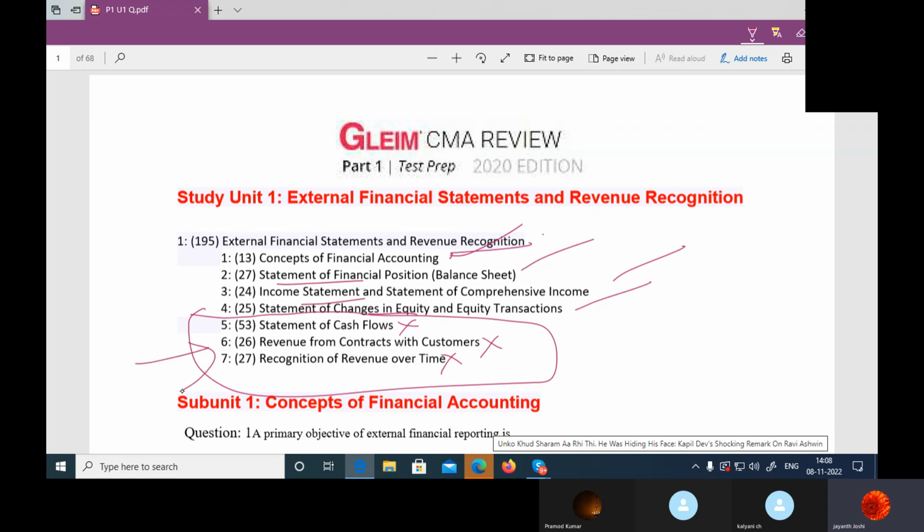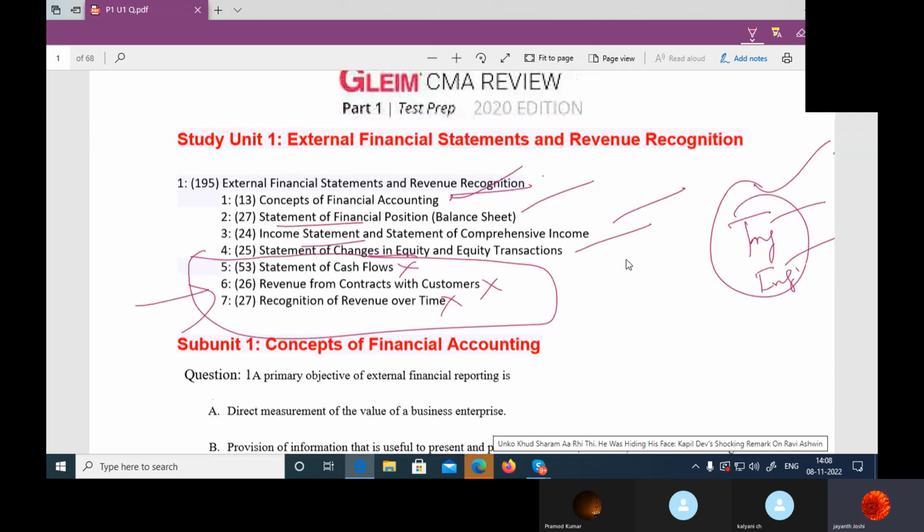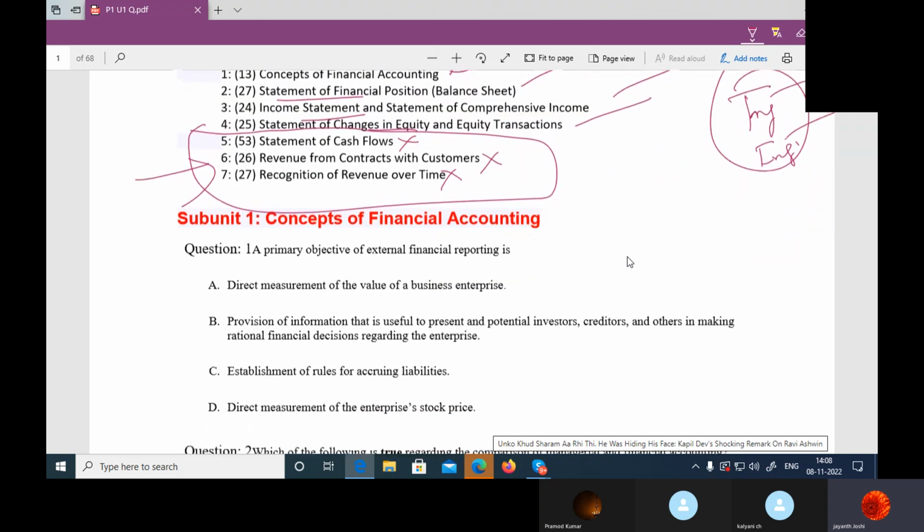Understood? Next chapter we are going to take tangible and intangible assets. We will do those questions only. We will do 30 questions on this, 30 questions on this. If we do these kinds of questions, we'll get a very good idea about the kind of questions they're going to ask in the exam, right?